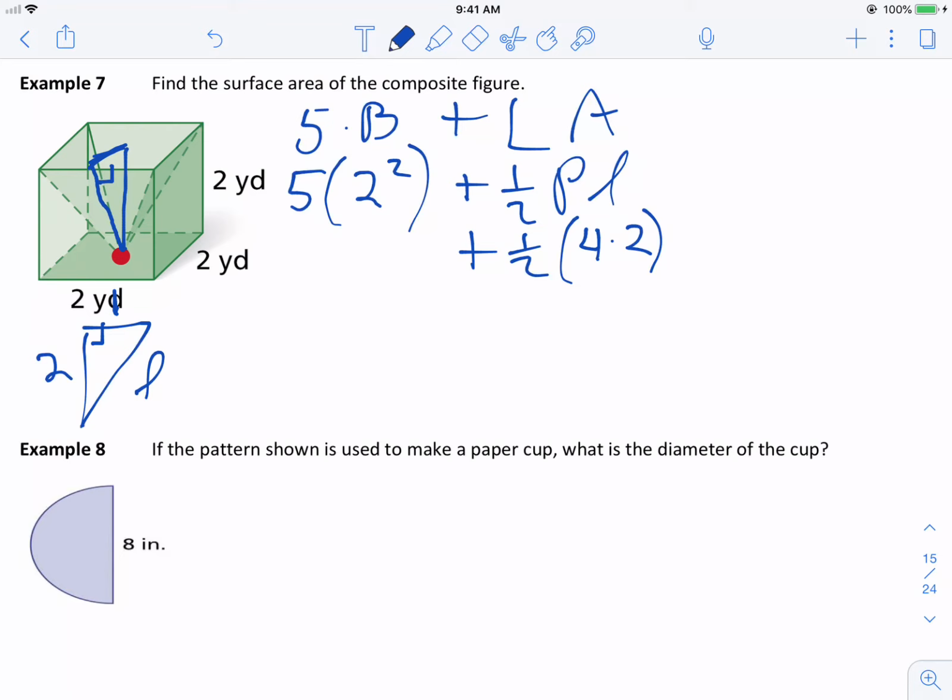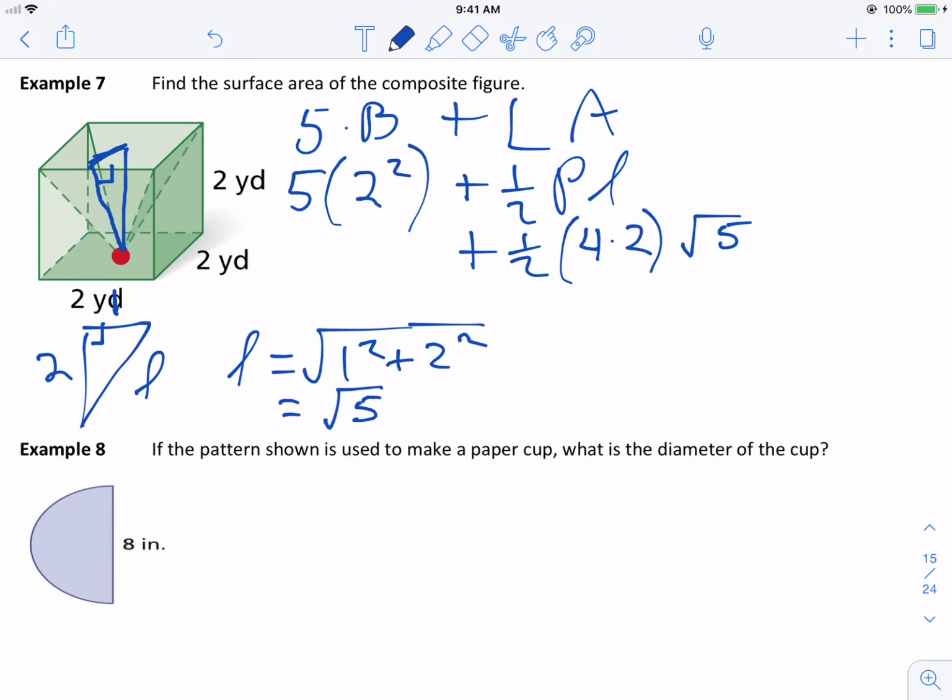So we can use the Pythagorean theorem to get that slant height. That slant height here is going to be the square root of, we're using a modified Pythagorean theorem here so that we can go directly to that hypotenuse, 1 squared plus 2 squared. We know 1 squared is 1, 2 squared is 4. So this slant height is going to be the square root of 5. And that's what we can substitute back in here.